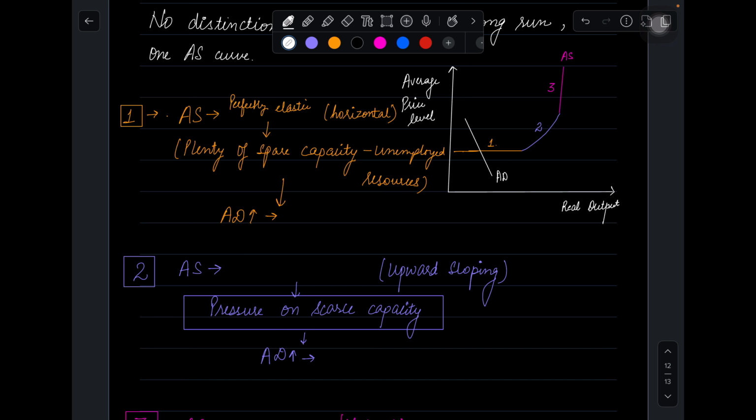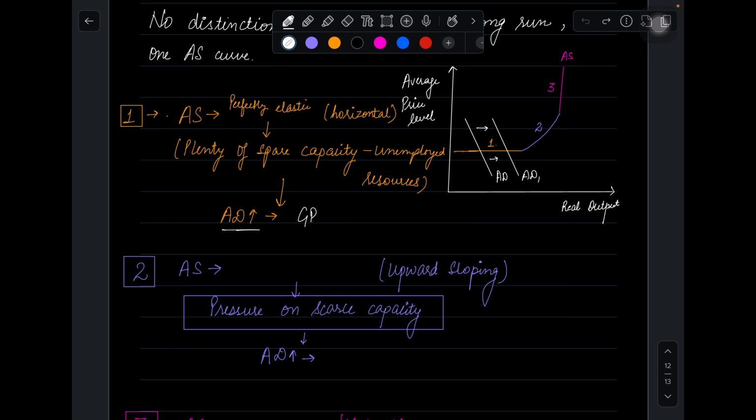And in this case, if aggregate demand increases, if we are in this section only, we can increase the aggregate demand without increasing the price. General price remains the same. See, quantity has increased, but the price is still the same. It is because of the spare capacity available.